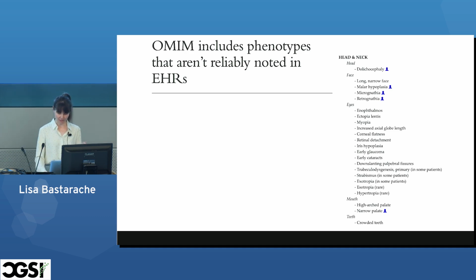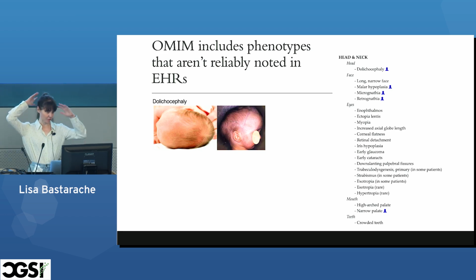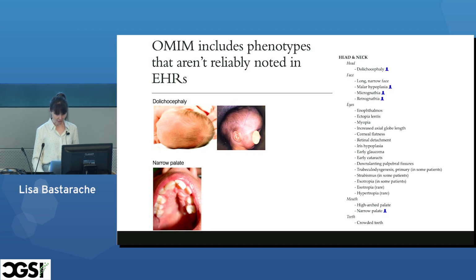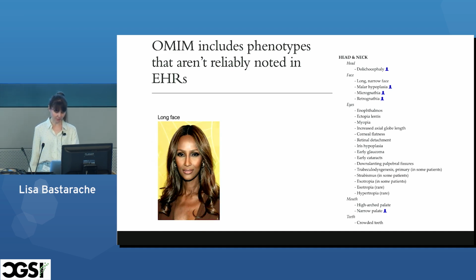And so you have things like dolichocephaly, which is just an elongated head like that, they illustrated there. Narrow palate, which is something that is not necessarily a diagnosis, but just a phenotypic feature. You also have the feature of long face, which is really not a medical condition at all. When you look it up in OMIM, you find the beautiful Aman, who I do not believe has Marfan syndrome.